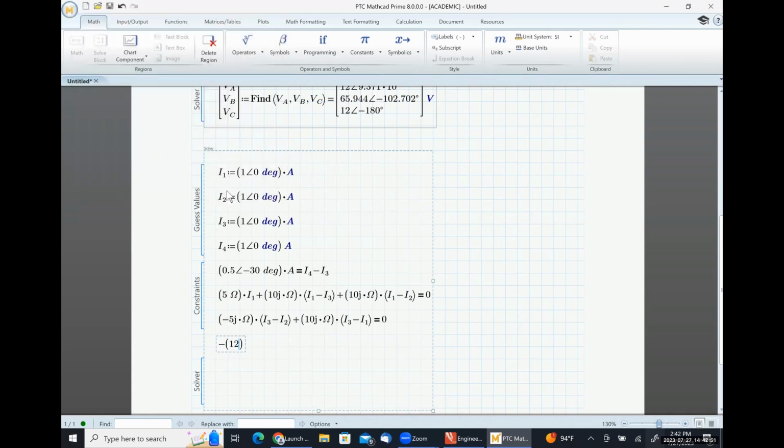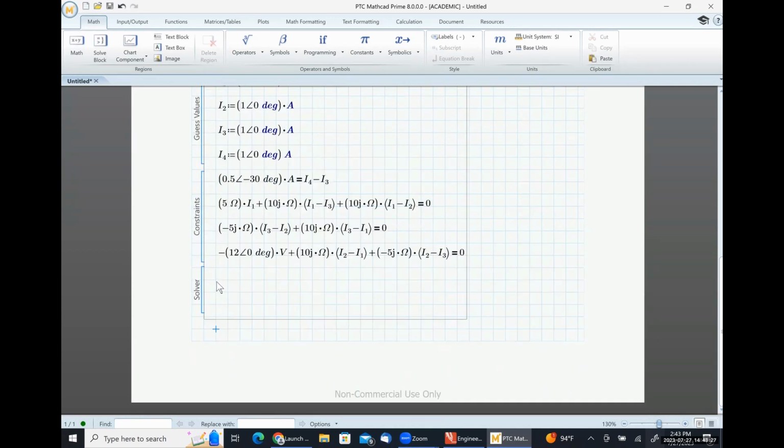Hit Control P instead of Control Shift P, excuse me. 12 angle 0 degrees volts plus 10J ohms times I2 minus I1 plus -5J ohms times I2 minus I3, equals 0. And now we can solve this system.